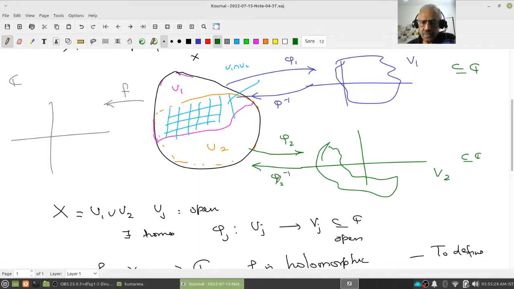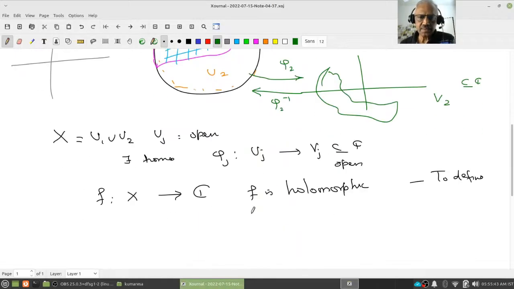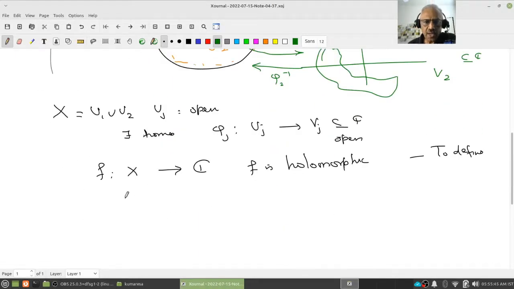Remember, they are supposed to be homeomorphisms, therefore in particular bijections, so phi 2 inverse will be a bijective continuous map, a homeomorphism from V2 to U2. Do all of you agree?